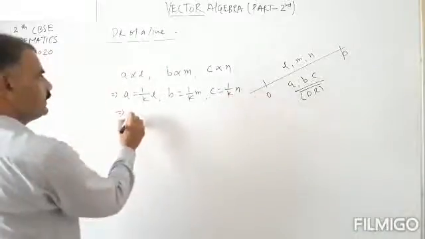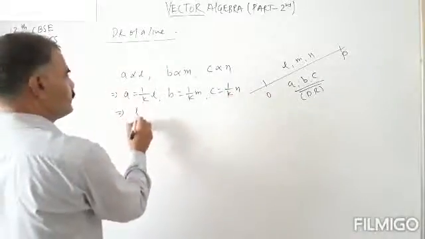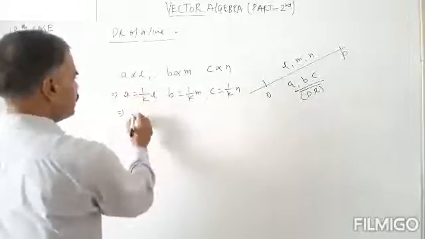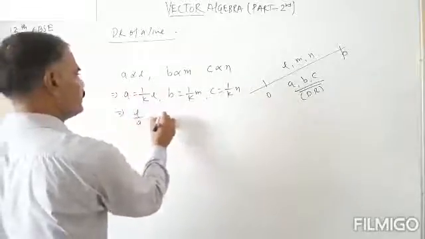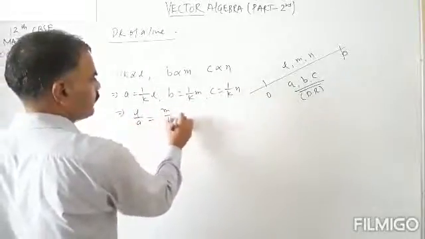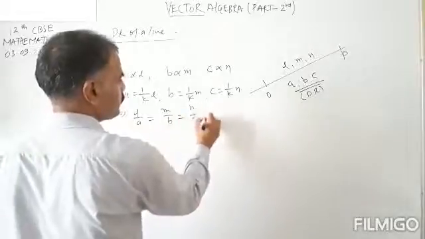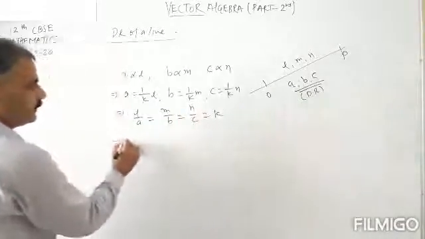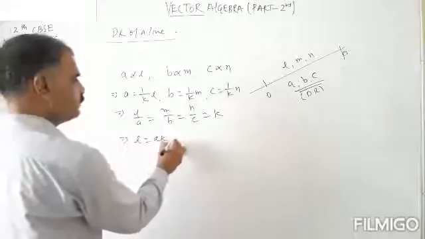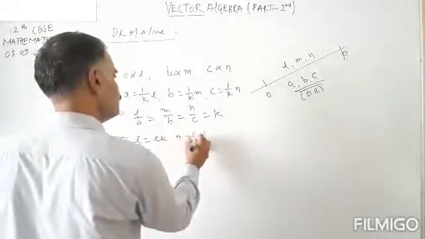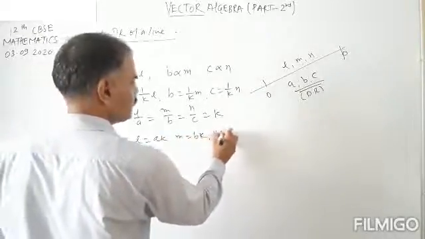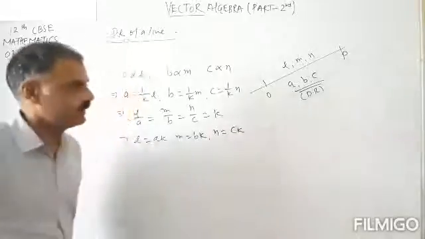Or we can write down that l upon a equals m upon b equals n upon c equals k. So l equals a into k, m equals b into k, and n equals c into k.